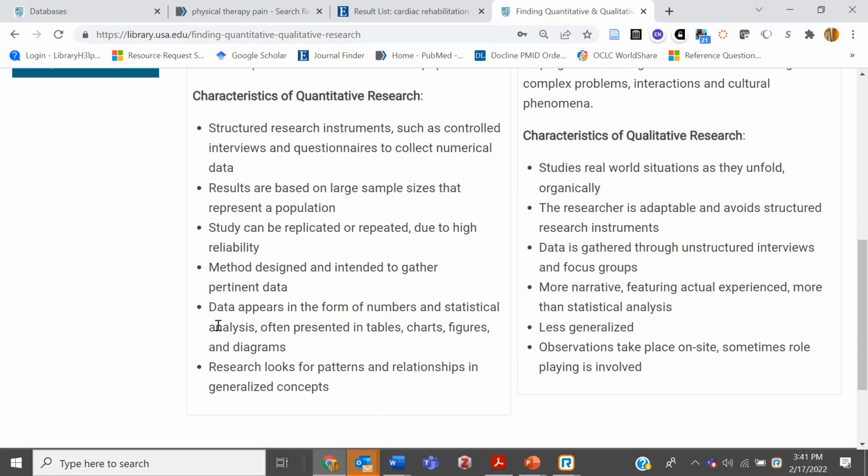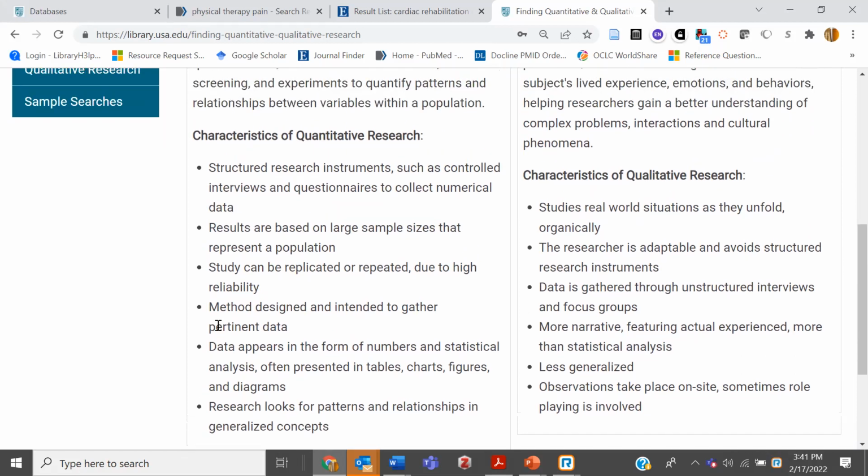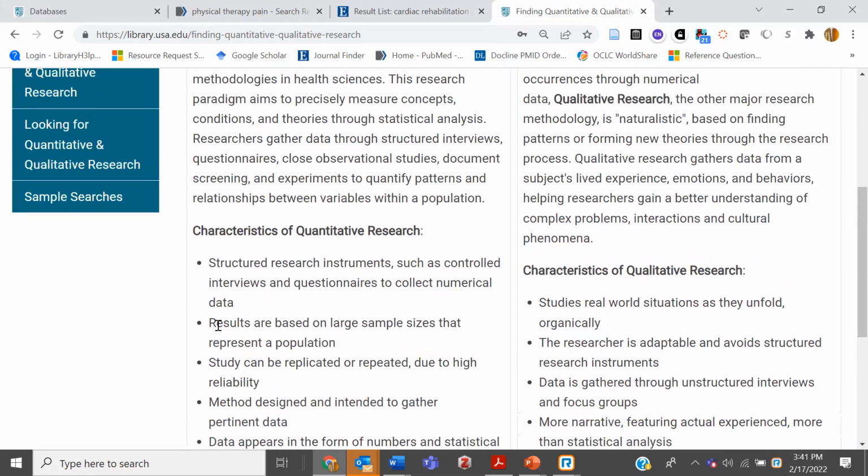So that's one way to think about that, is how can I incorporate things into my keywords that will be reflective of those different research types, and that will likely return my results. That's not going to be foolproof.